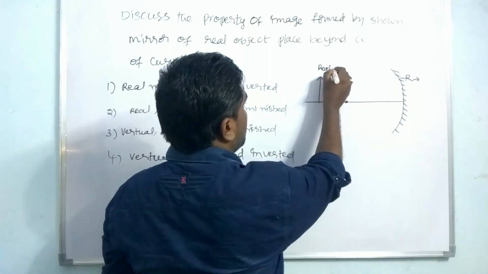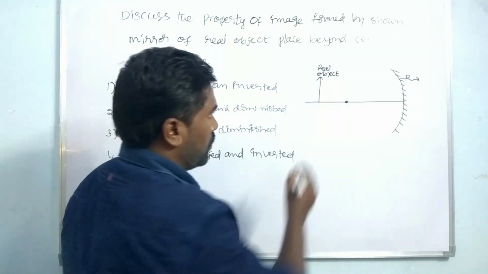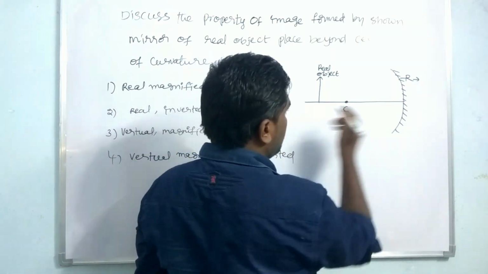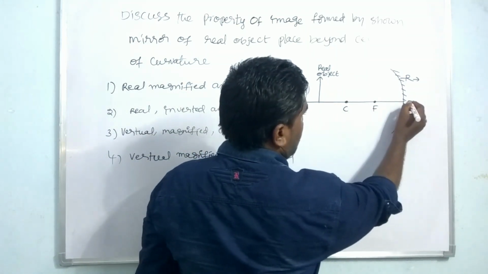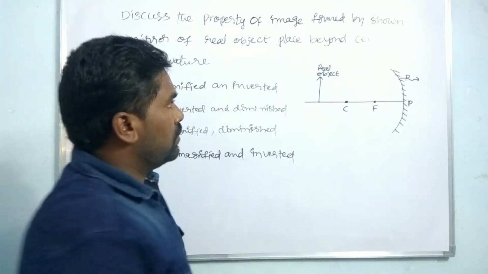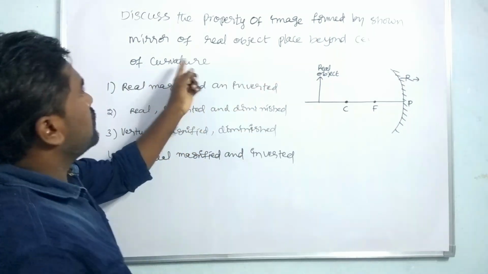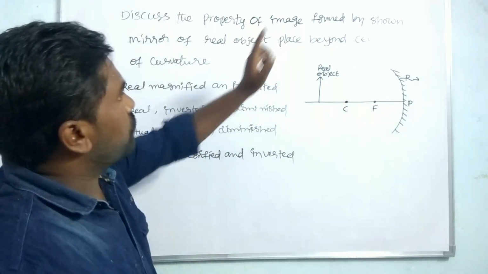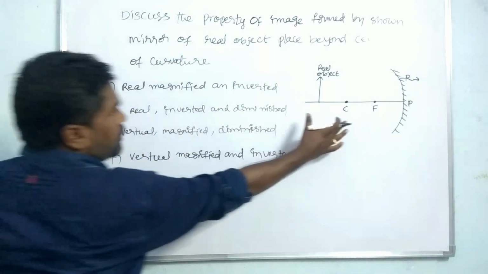The real object is beyond the center of curvature. This is C, this is the principal focus, and this is the principal axis. We have to find where the image is formed and the properties of the image in this case.